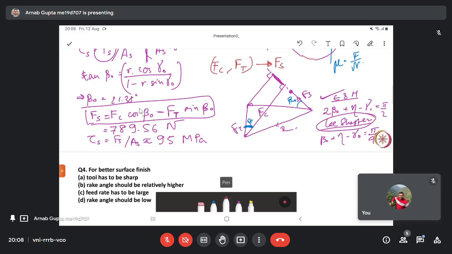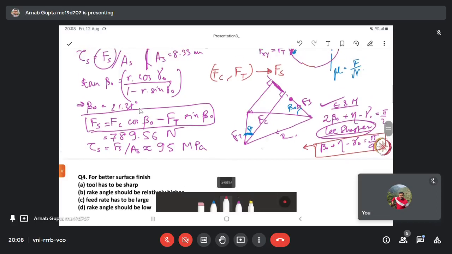So going by this formula, since it is more realistic, we can calculate eta. It's 45 degree minus beta naught is 21.38 plus 5. Close to 28.62 degree.